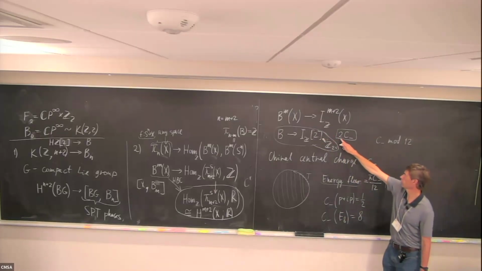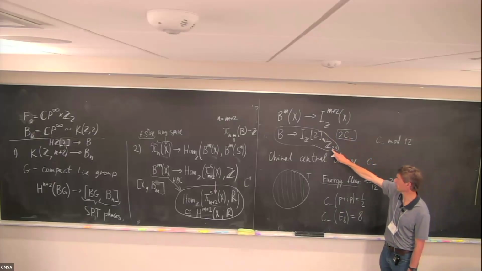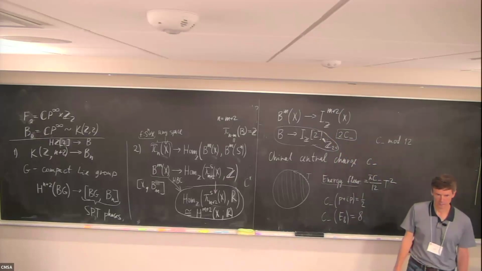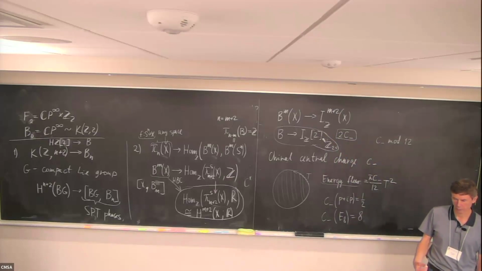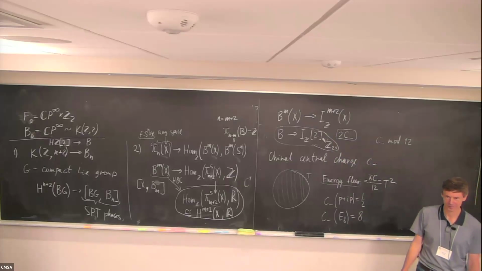And 2 times the chiral central charge is an integer, but it's mapped to an element modulo 24. And therefore, c modulo 12 is well defined according to this argument. And according to Nikita Sopenko, it's actually well defined modulo 24. And we all believe it's well defined as a rational number, but nobody has proven that.